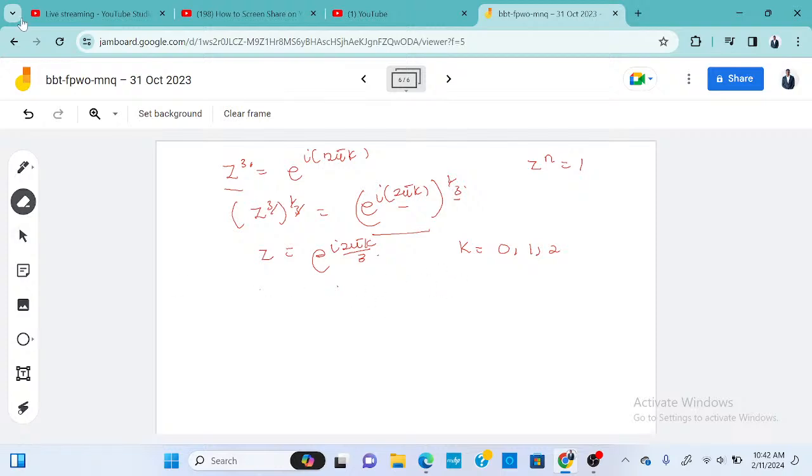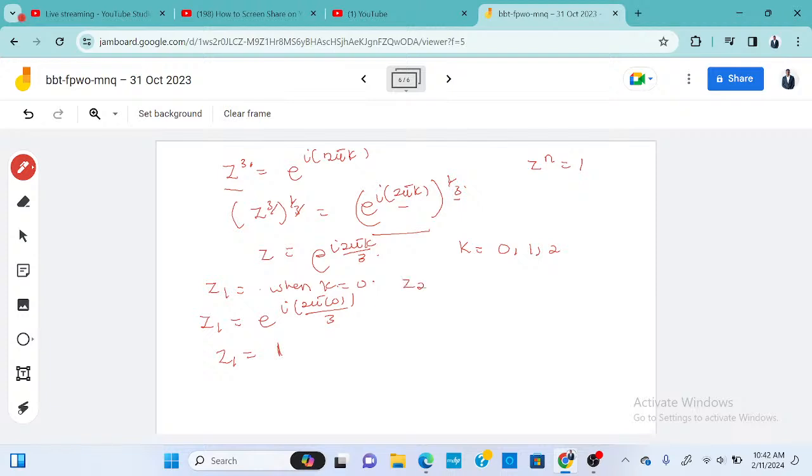So looking at the first root, z1 is when k is equal to 0. I'm going to get z1 equal to e to the power i multiplying 2 pi times 0 everything out of 3. Now 0 times everything here becomes 0, right? So z1 is simply equal to 1.